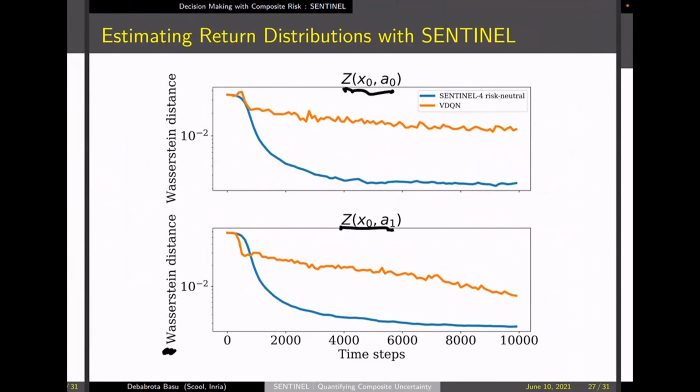We observe that our estimations go pretty fast, almost below the error level of 0.001 by the time we reach almost 1,000 or 10,000 samples. Whereas the other distributional estimators, for example VDQ, that assumes something like a multivariate Gaussian, due to their assumptions and specificity, stay quite a bit away. Even though we are trying to estimate one Gaussian and one mixture of Gaussians, they are still quite far away due to their assumptions and structures.